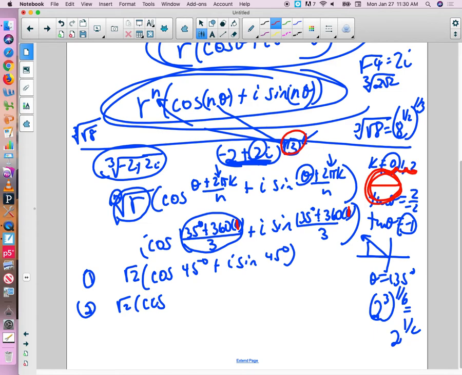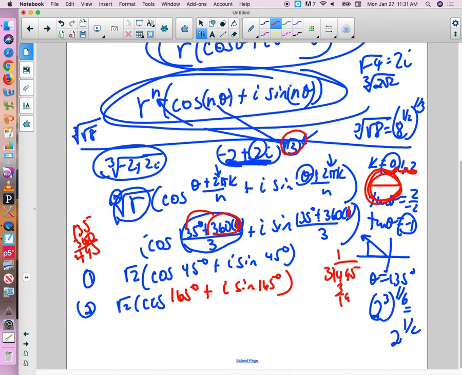All right, so if I go around 360 degrees plus 135 is 495. And 495 divided by 3 is 165 plus i sine of 165. And my third option is the square root of 2 times.